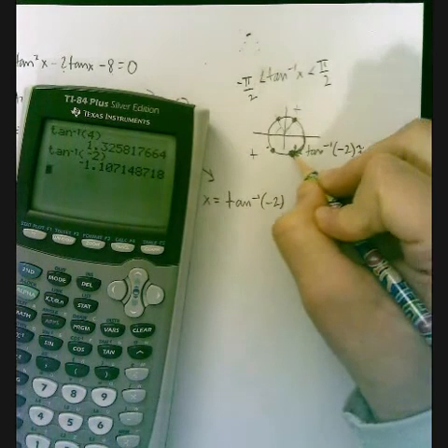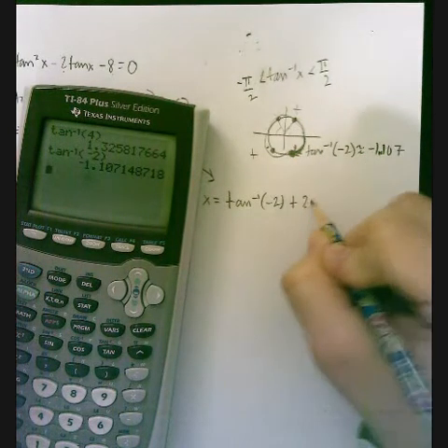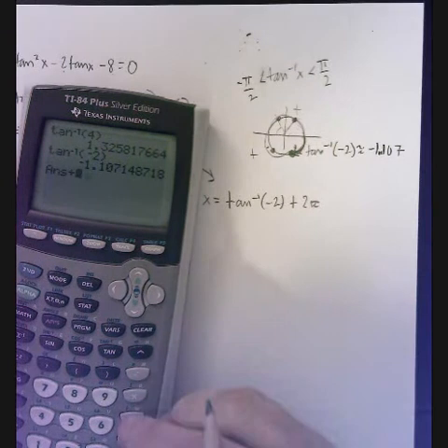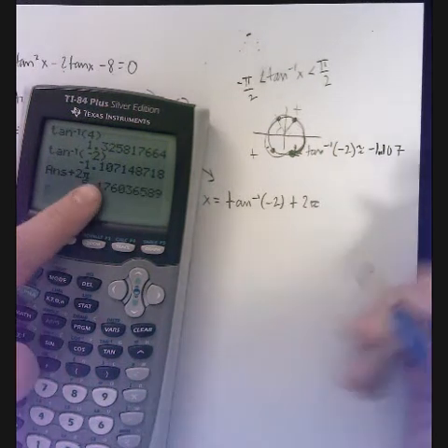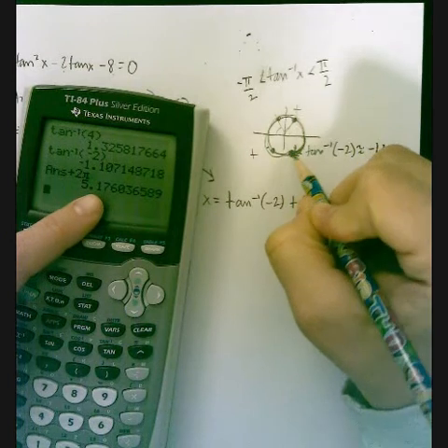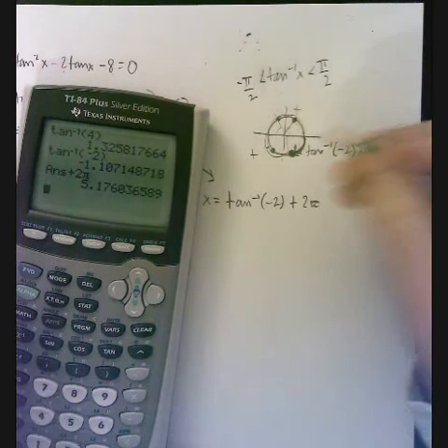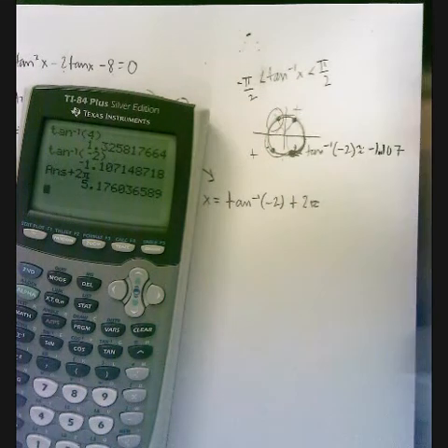Well, that's an easy fix. All we need to do is add 2 pi. If we add 2 pi, then we have 5.176 approximately, right? And that is between 3 pi over 2 and 2 pi. Well, we still need this solution.